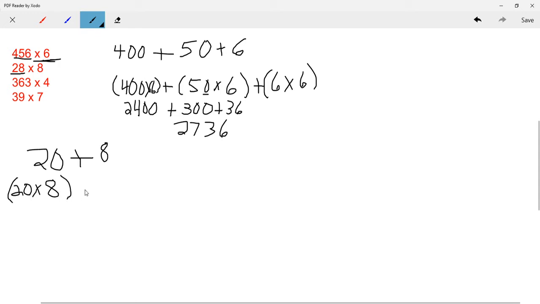I like to put these in parentheses just so you know that you're doing the multiplication first, but technically according to order of operations you would do the multiplication first anyway, so you don't have to put the parentheses, but it's just good practice, I would say, just to make it clear that you are going to do the multiplication first before you add them. So this is 20 times 8. 2 times 8 is 16. We add the 0, plus 8 times 8 is 64.